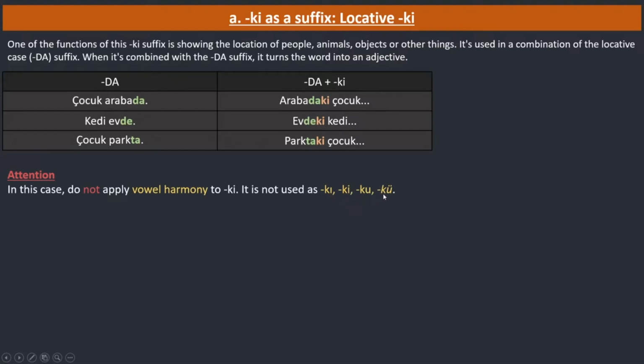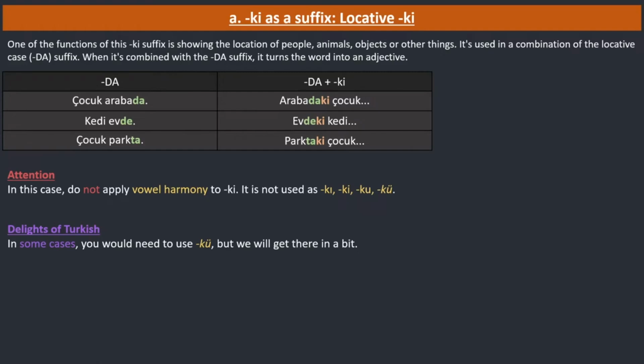And the trick about ku, in some cases, we still have ku, but we will get there in a bit. Bugünkü or dünkü. With these exceptions, it's always ku, but other times it's ki. Don't apply vowel harmony to ki.